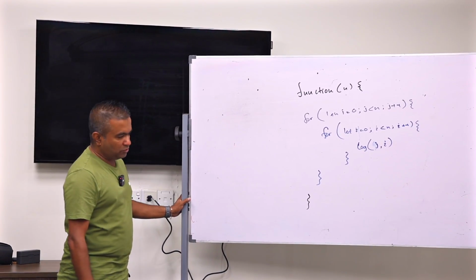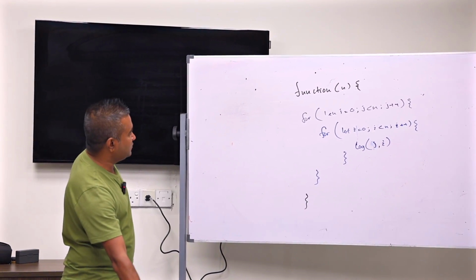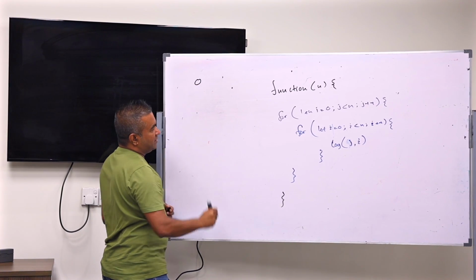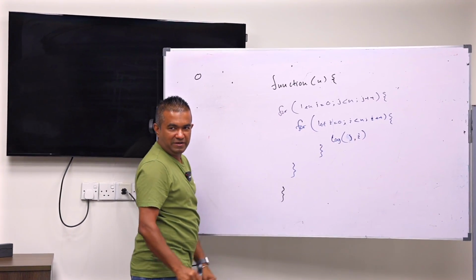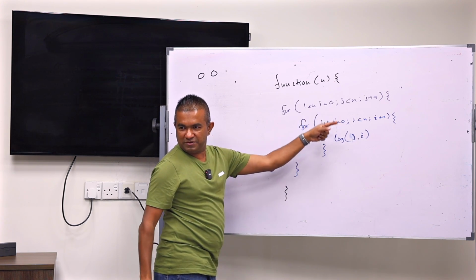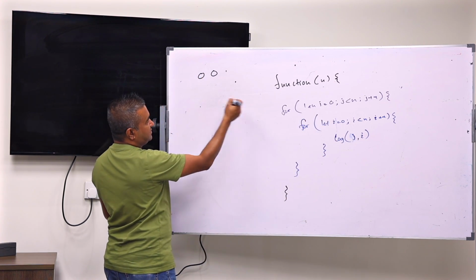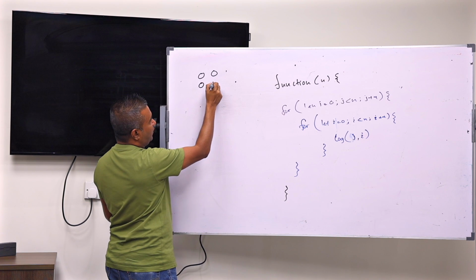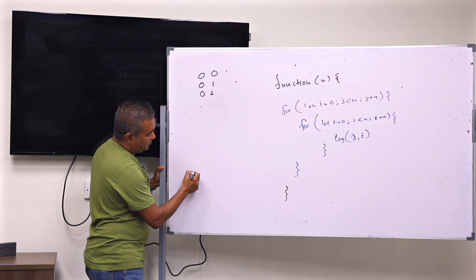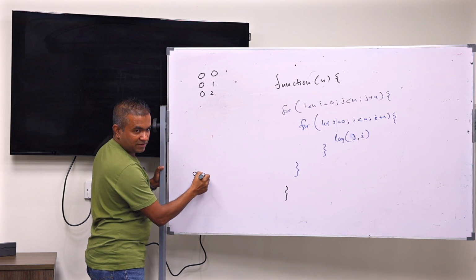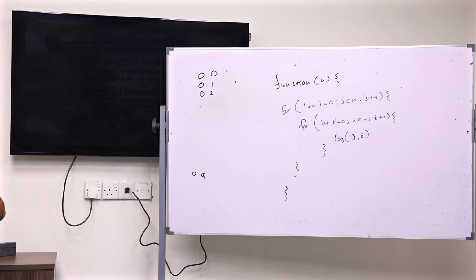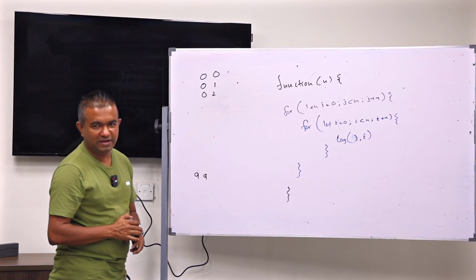Now if you run this program, what will print? Initially it will print 0, 0, then it goes through this loop. Now what will print? j is still 0, then 0 1, 0 2. Likewise, it will print up to 9, 9.